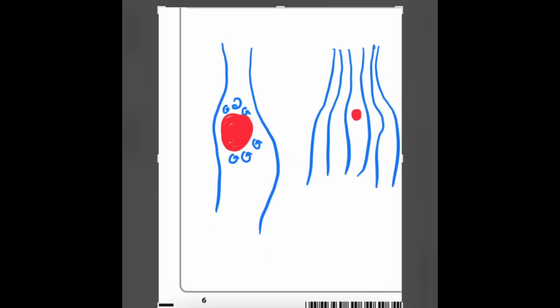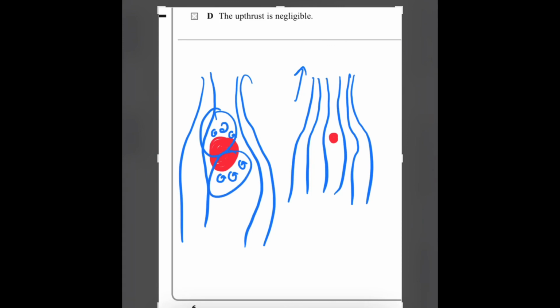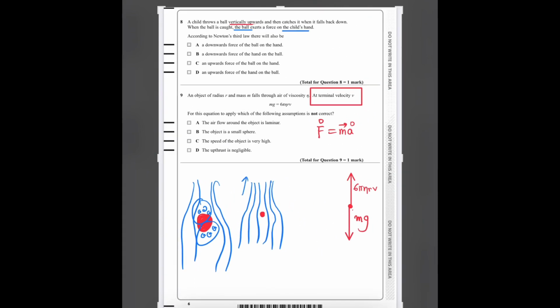There might be laminar flow like this, but there would be turbulent flow across the surface of the ball. So the radius of the ball should always be small, so that laminar flow can exist. This is the laminar flow, but these are the turbulent flows, which we do not want if we want to apply this equation.